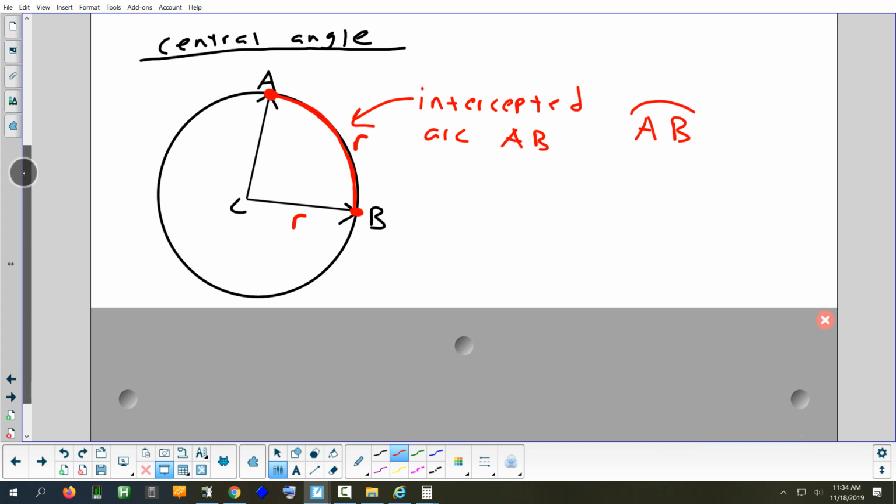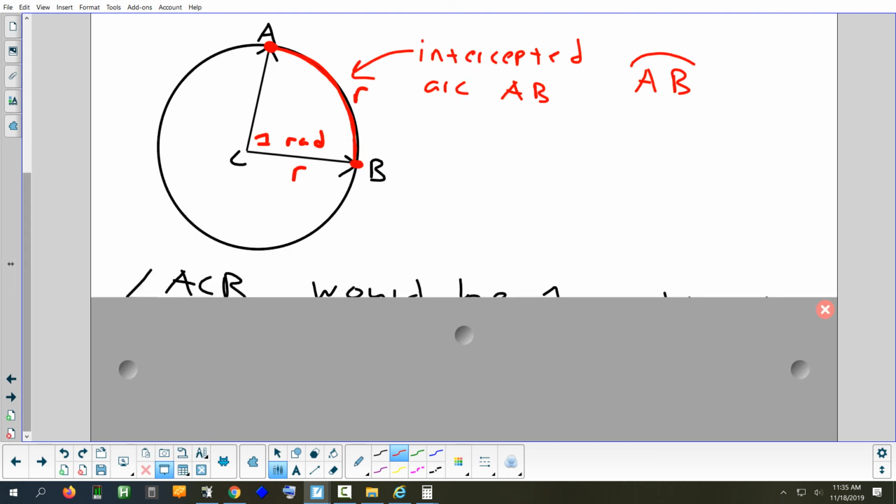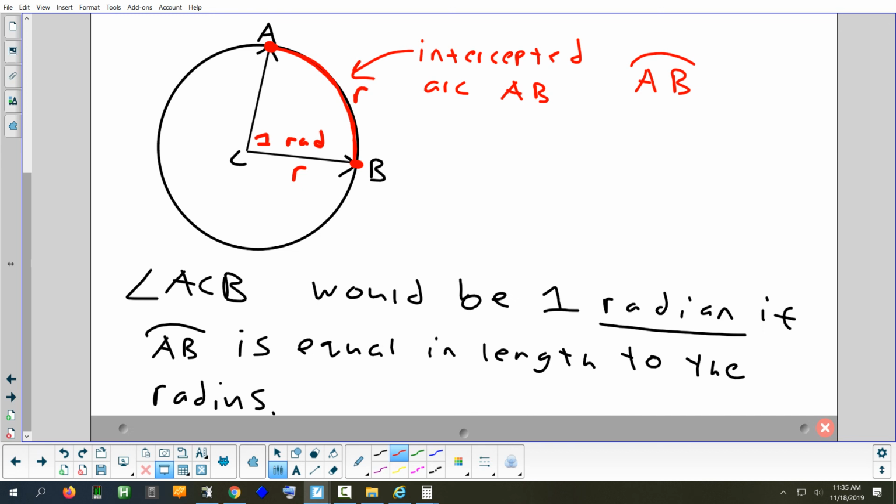But if it did come out the same, then what you have right here is an angle that is 1 radian. So angle ACB would be exactly 1 radian if the size of this arc matched the size of the radius.